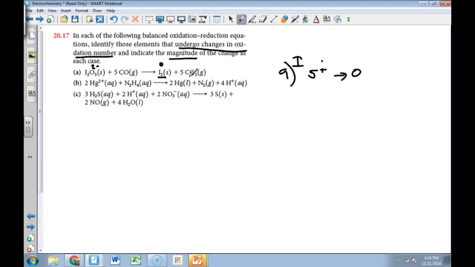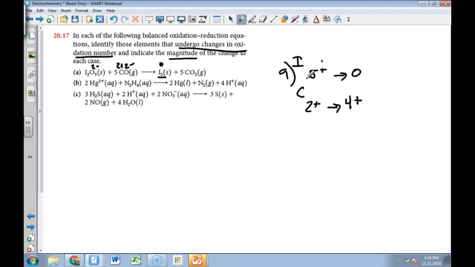Carbon is the thing that's going to be oxidized. This is being reduced. So carbon is going from a 2 plus to a 4 plus.